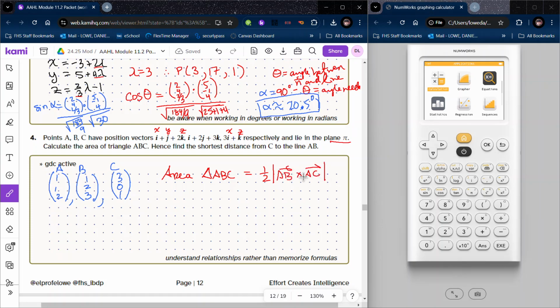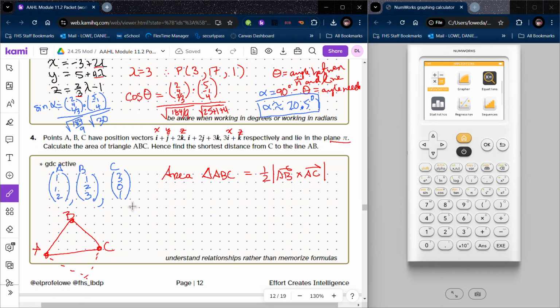The magnitude of our vector product will give you the area of the parallelogram formed between points A, B, and C. If I kept this going out, that's the parallelogram that would be formed by A, B, and C. But we only care about the area of the triangle, so that's going to be half of my area.